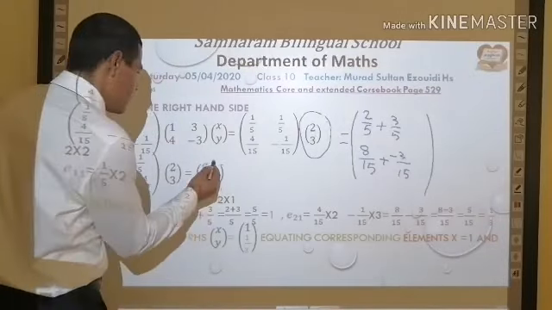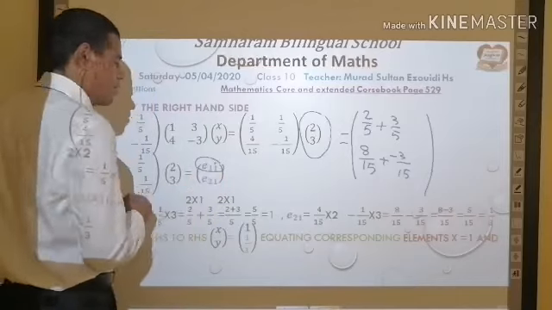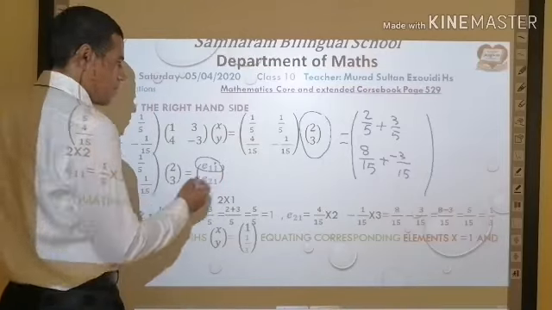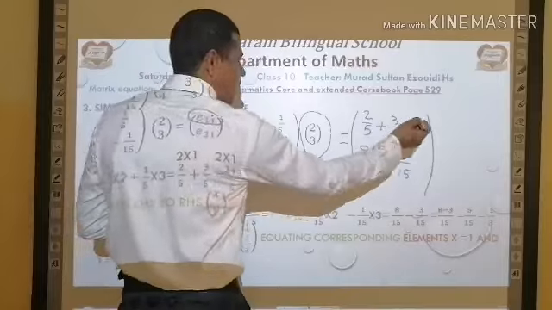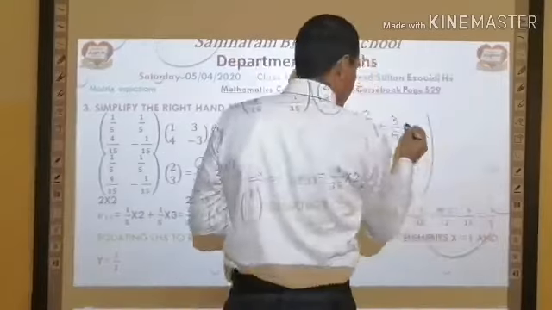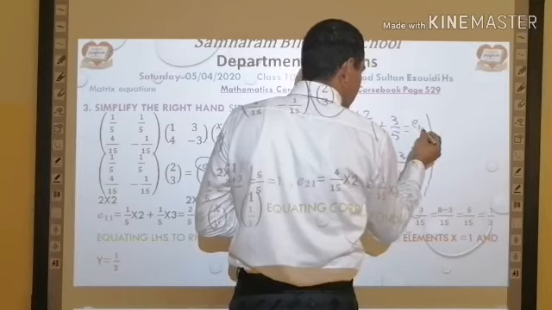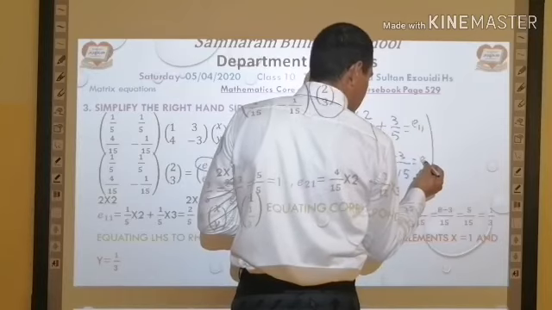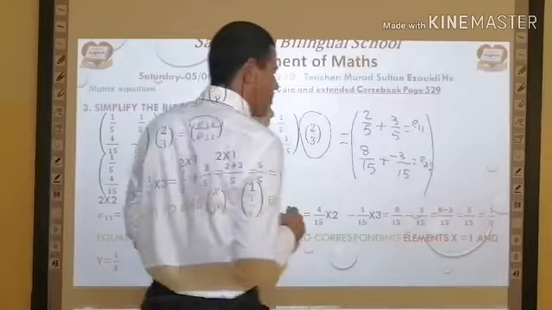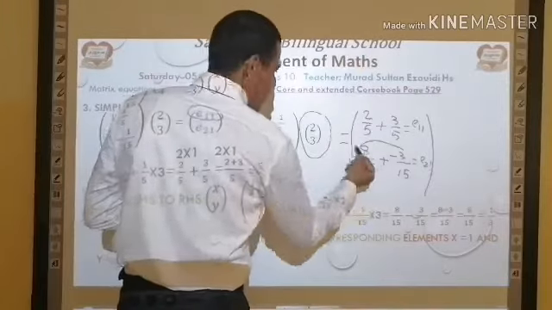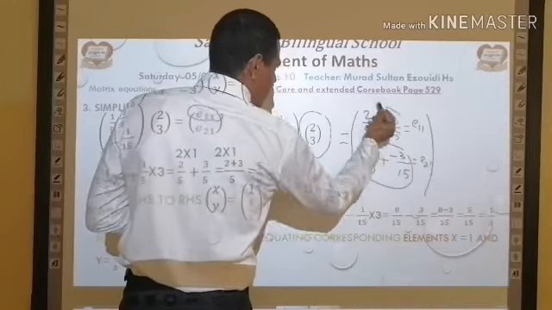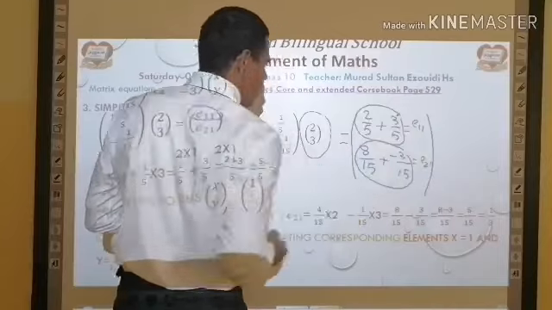It will be what, my kids? This is written as E11, means the first row of the first column. This is E1,1, and this is E2,1.